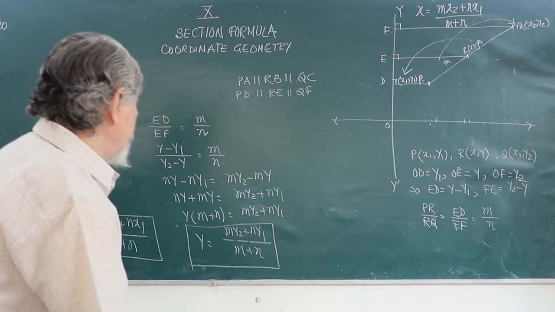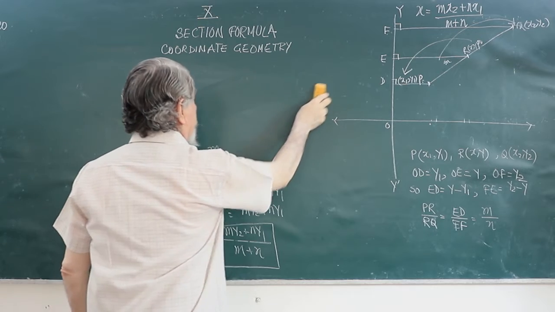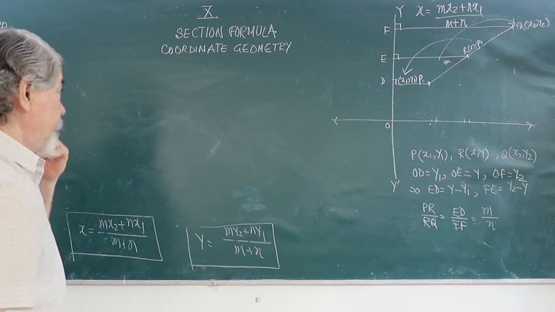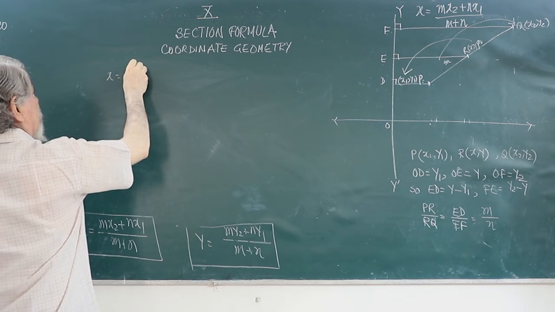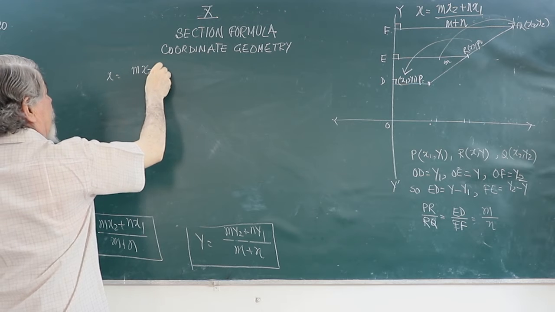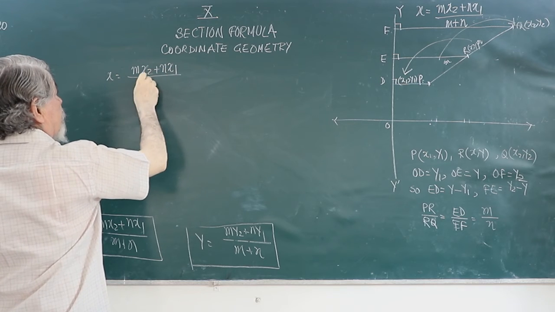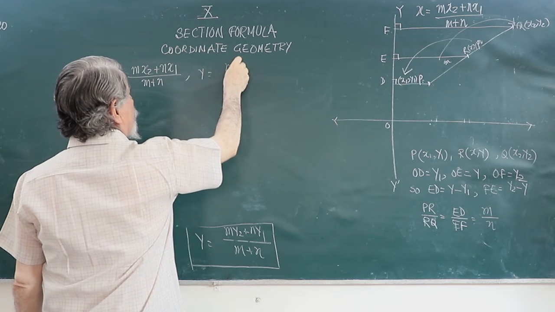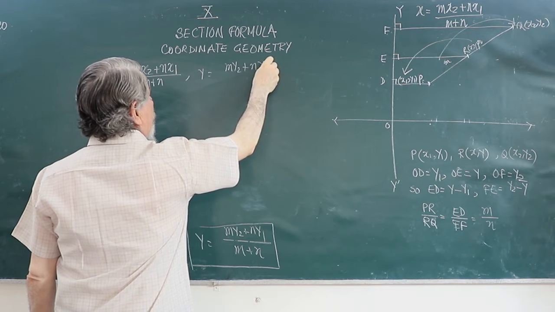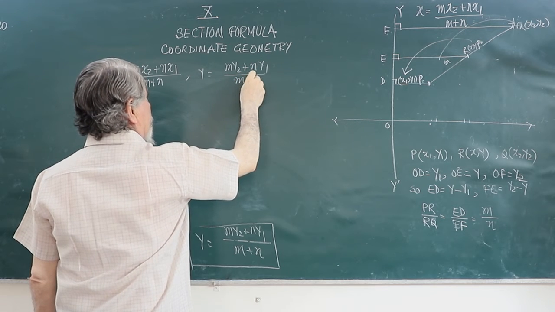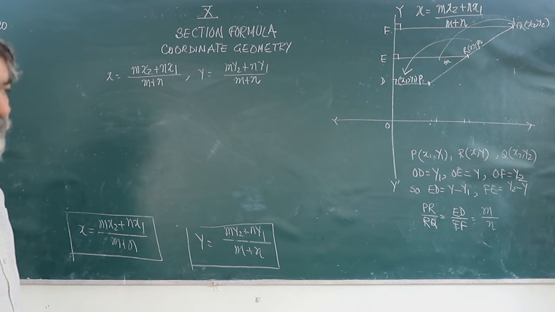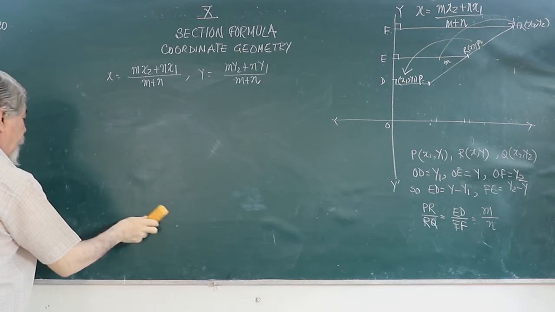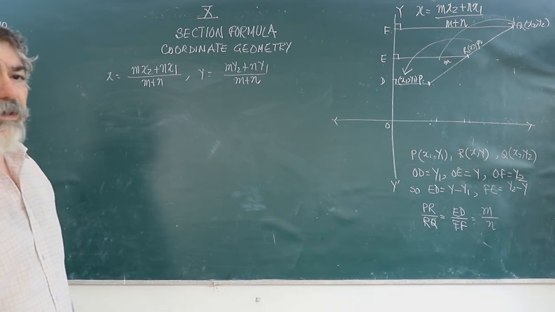Now the next is, I have x as (mx2 plus nx1) upon (m plus n), and I have y as (my2 plus ny1) upon (m plus n). Now if R becomes the midpoint of P and Q, then what happens?